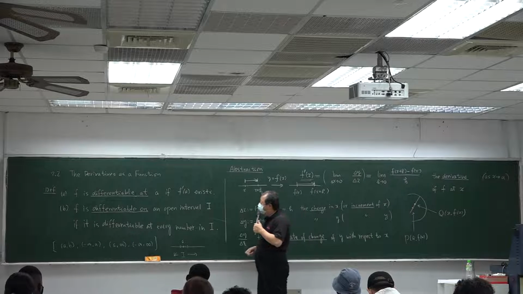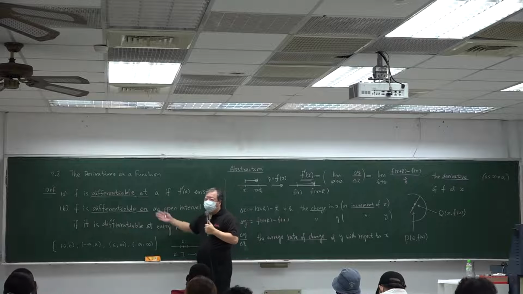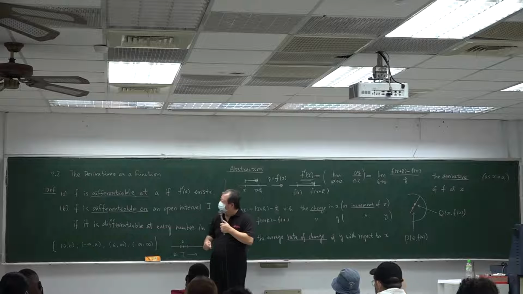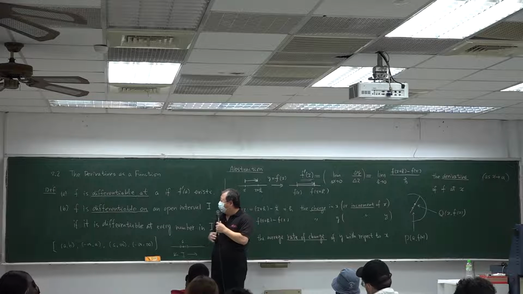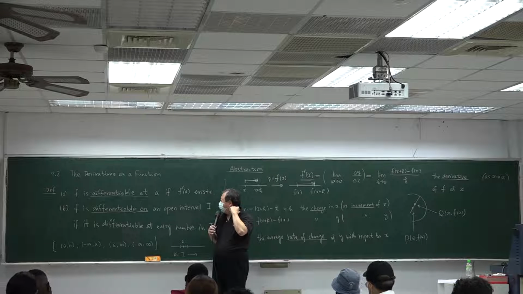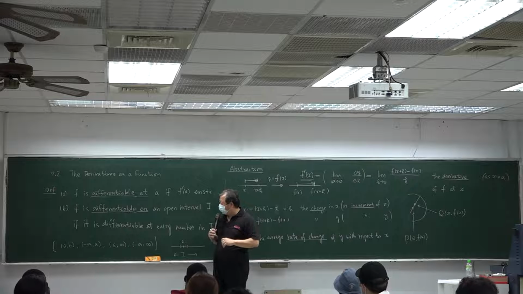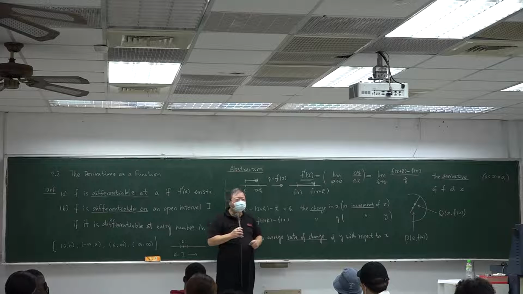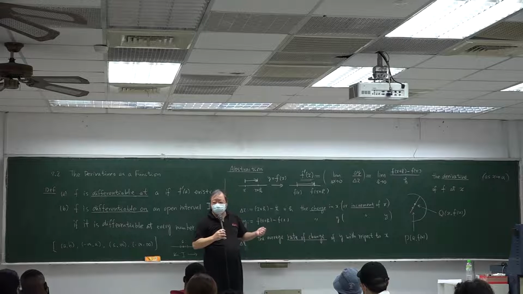Of course, you can define one-sided derivatives, more precisely, but we don't want to take time to describe such a maybe not so important thing. You can learn it by doing exercises.